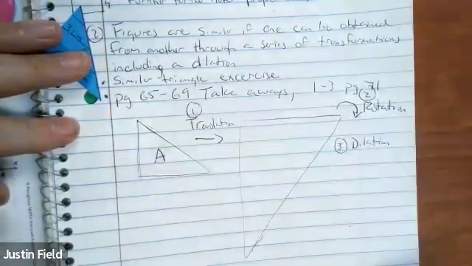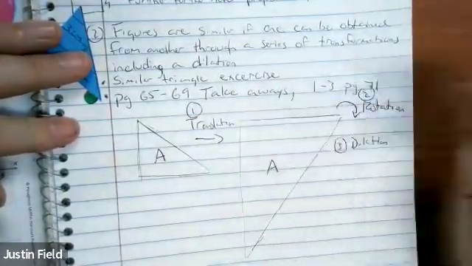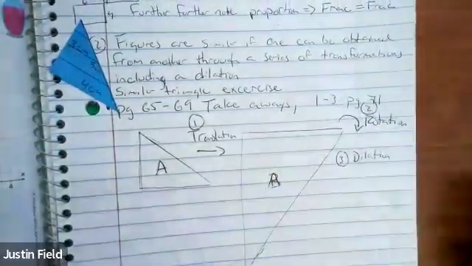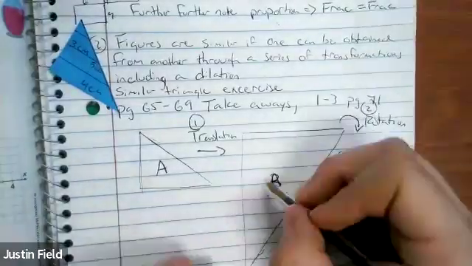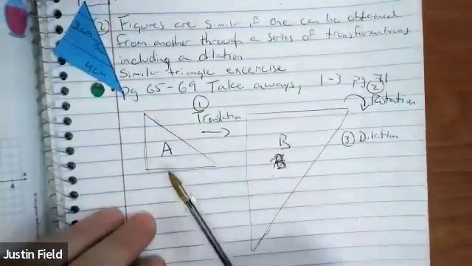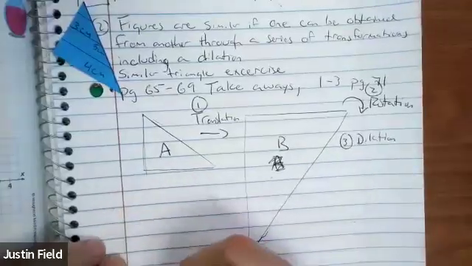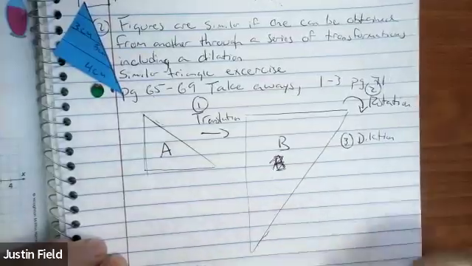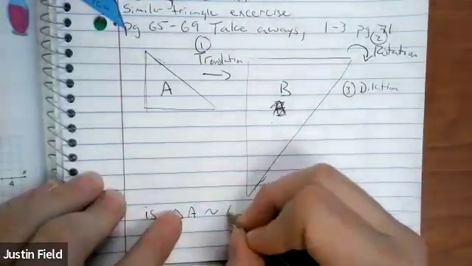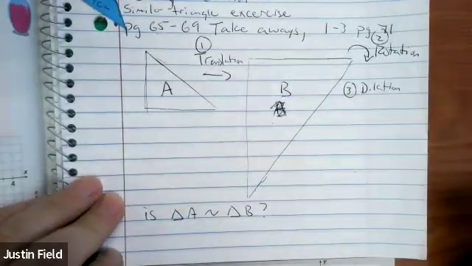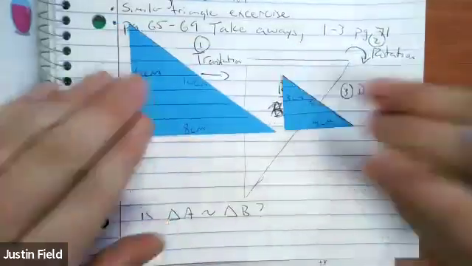So if this is triangle A, and this is triangle B, right? So this is triangle A, this is triangle B. The question is, is triangle A similar to triangle B? Well, we know these two triangles are similar, right?